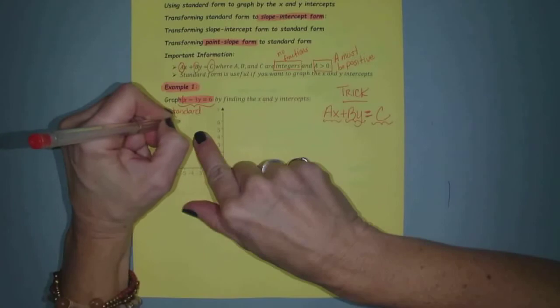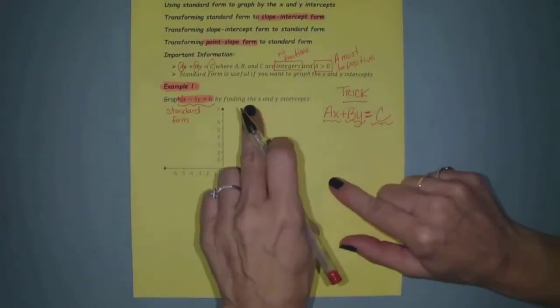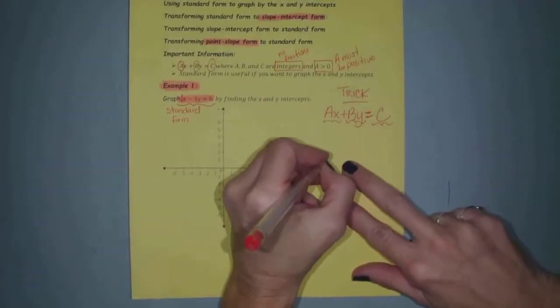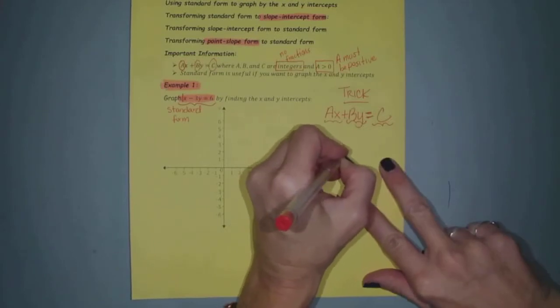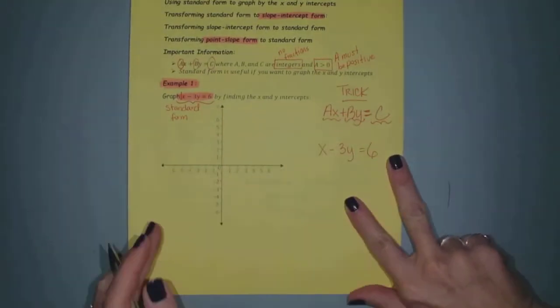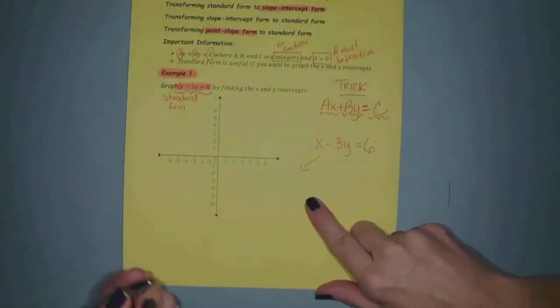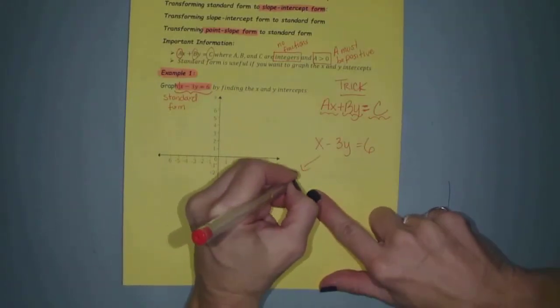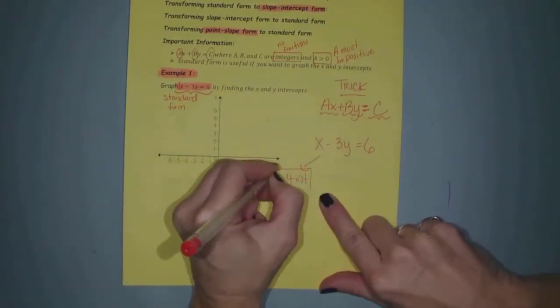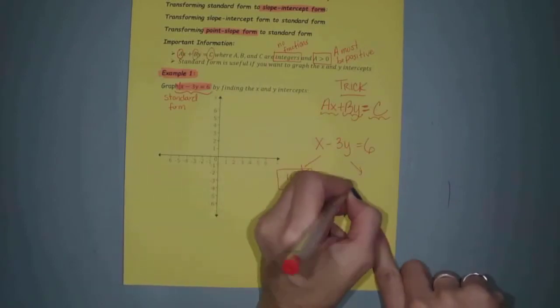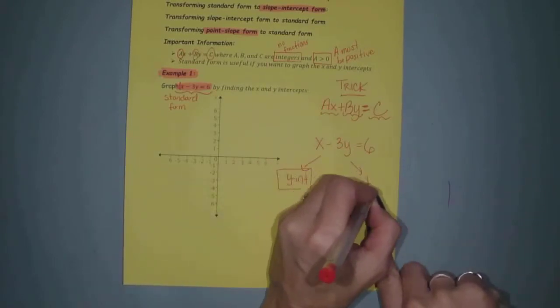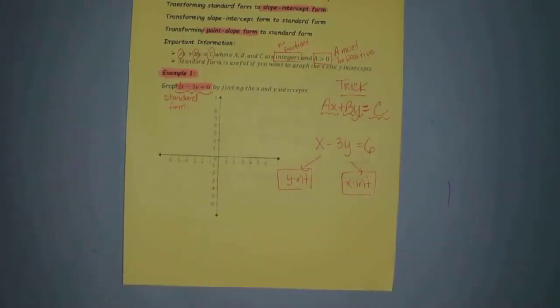And when you have an equation in standard form, it is very easy to find the intercepts. Here's why. Let's take X minus 3Y equals 6. On this side, with this arrow, we're going to find the Y intercept, and then over here, we'll find the X intercept. This is review. We've done this before.